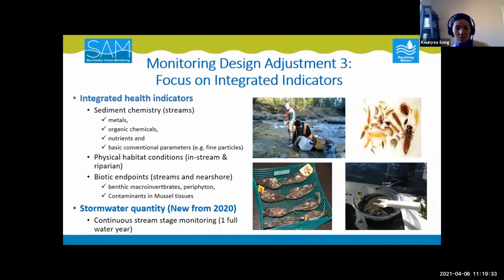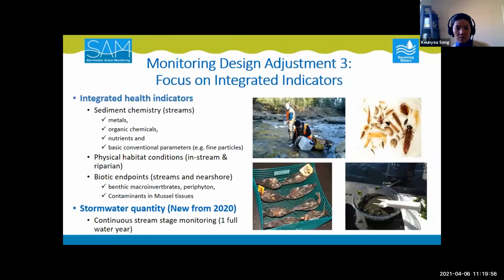Water samples will still be collected once in summertime for more conventional parameters. To evaluate the stormwater impact on hydrology, the study design now includes continuous water level and temperature monitoring for 1 full water year at each site.